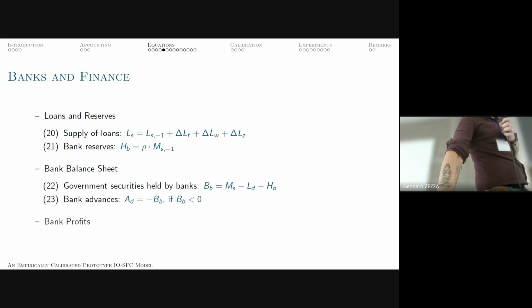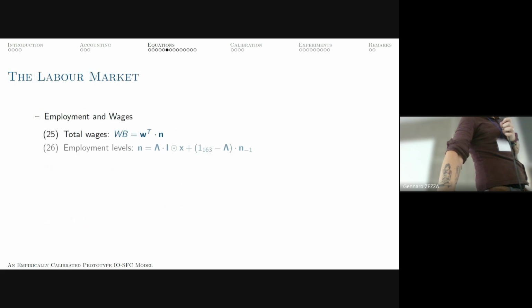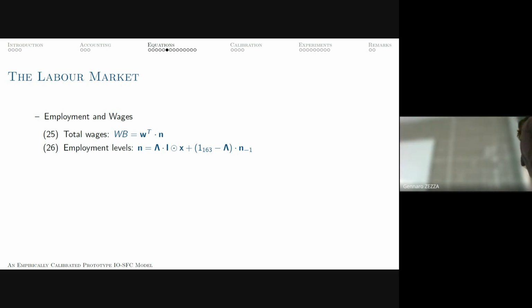Even here, there's nothing controversial, I hope. And the labor market is quite simple. So the wage bill is just the number of employees per industry times the wage rates in each industry, which can be different, of course. The only big aspect perhaps I should mention is that obviously employment doesn't adjust at the same speed as production.